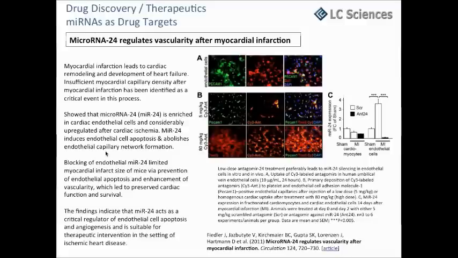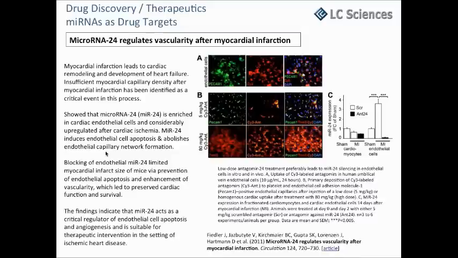And then another paper in the same field is talking about microRNA 24 and how it regulates vascularity after myocardial infarction. MicroRNA 24 is enriched in cardiac endothelial cells and significantly upregulated after cardiac ischemia.